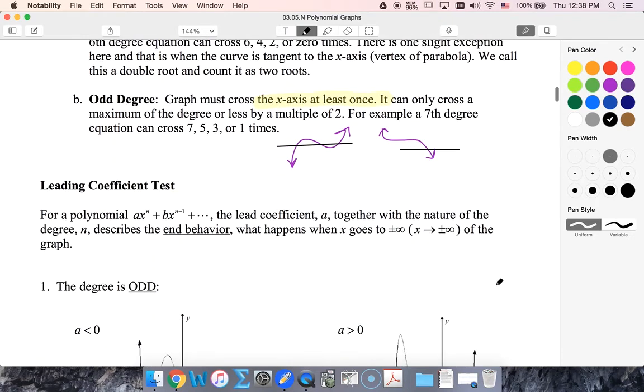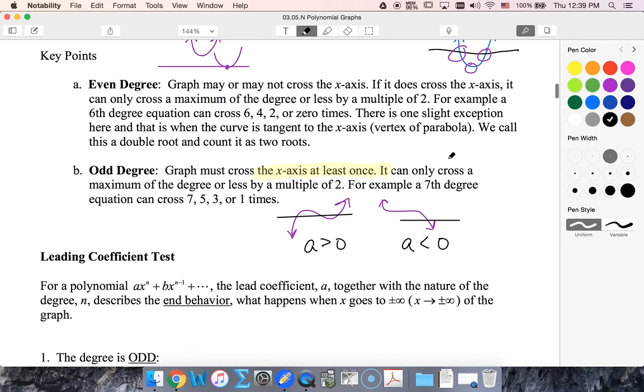My leading coefficient test helps describe the end behavior of a graph. So if a is positive for an odd function, I start and end increasing. If a was negative, I start and end decreasing. And we can think about this with a quadratic.